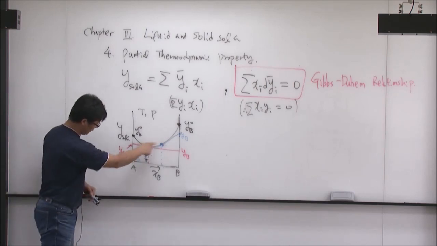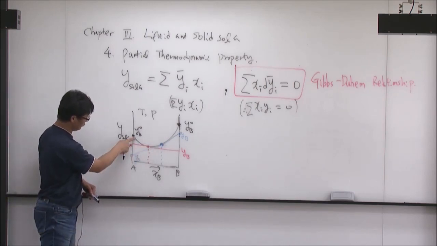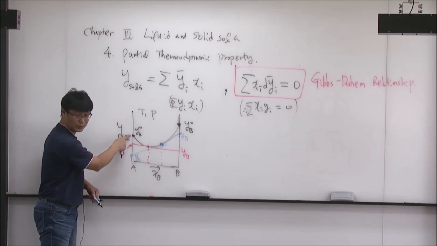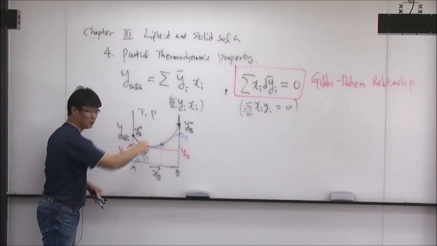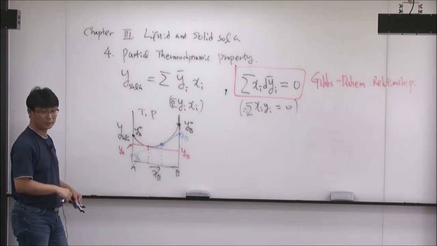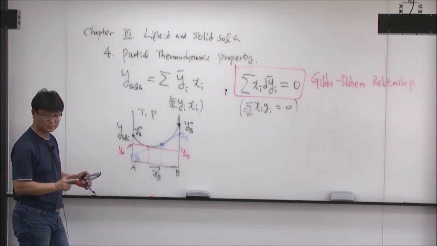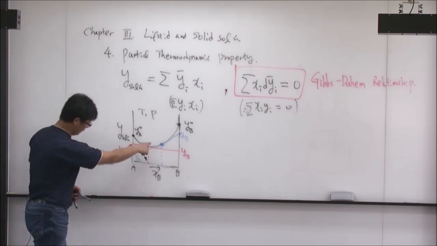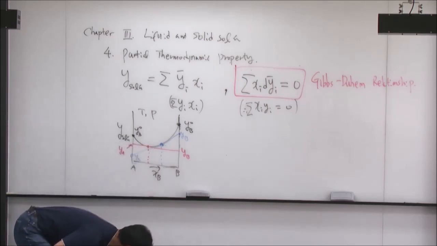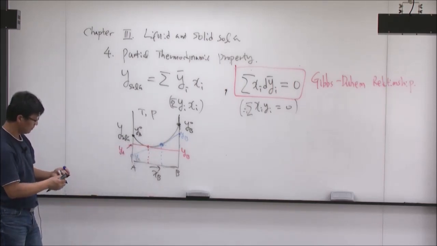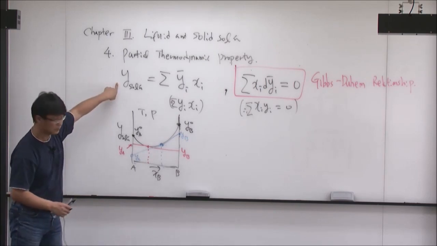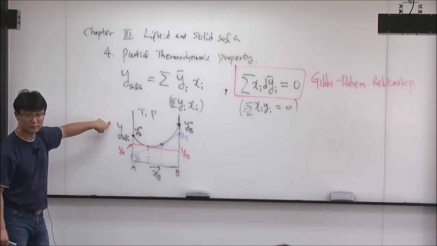If it's exactly half and half, the contributions are equal. If you are very close to one side, that component's contribution should be bigger, and on the other side, the other's should be bigger. If you do the mathematics, you can find this relationship easily. So this is basically the partial thermodynamic property.